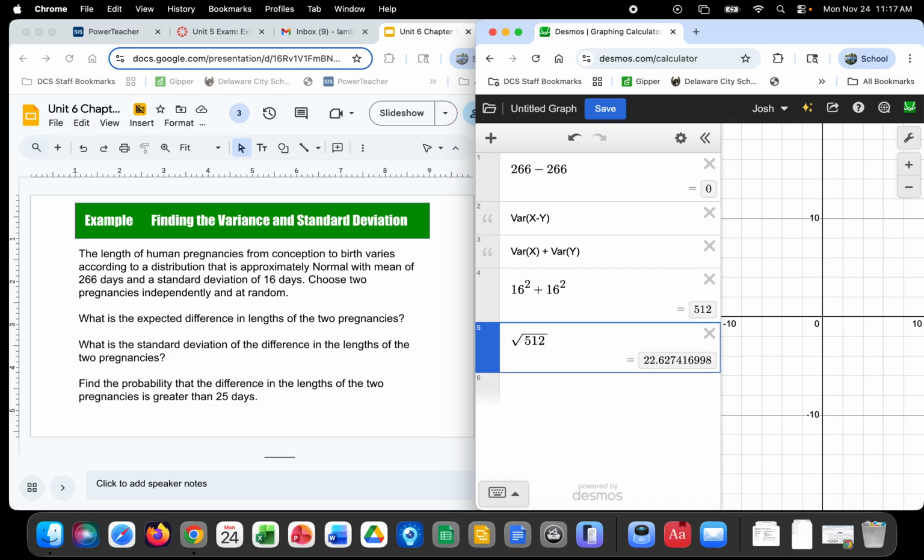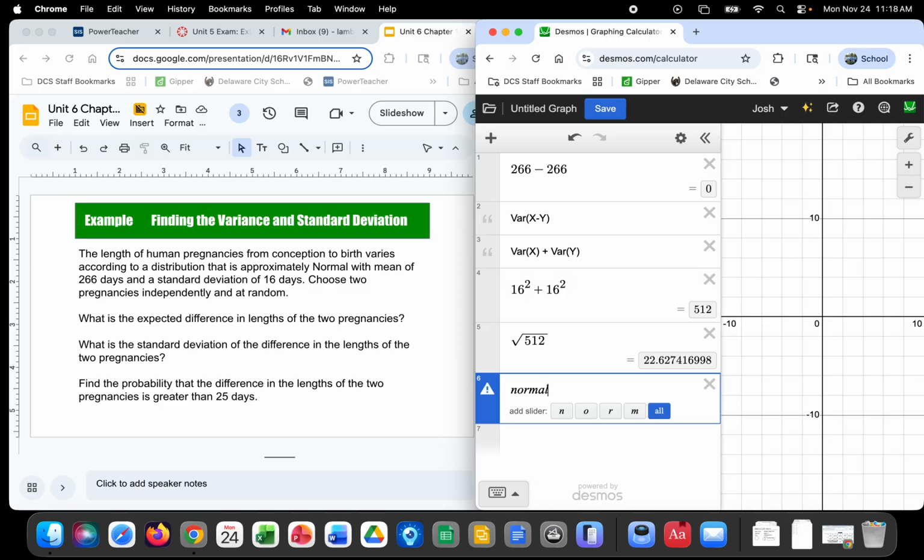So that means that if I have 2 randomly chosen births from these normally distributed births, they're going to have a mean difference of 0 days, but they will vary by 22.6 days on average. So then when it asks me to find the probability that the difference in the length of 2 days is greater than 25 days, all I have to do is a normal distribution.